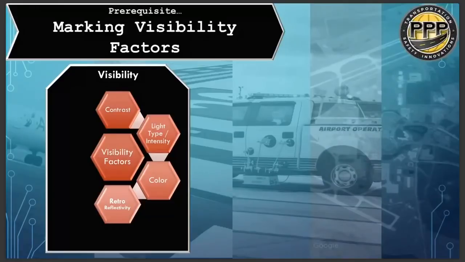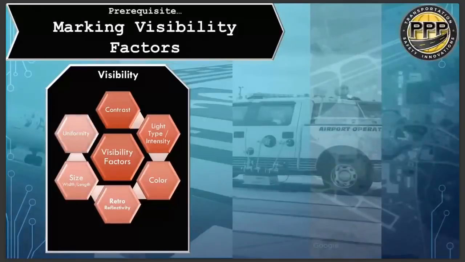So we talk about retroreflectivity as well. You'll get a quick lesson in how that works in a very basic sense. And then we also talk about the characteristics of the marking, things like size, which speaks to the width and the length of the marking, and those have specifications for each marking.